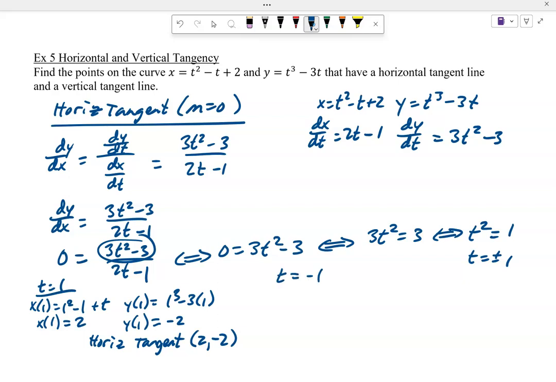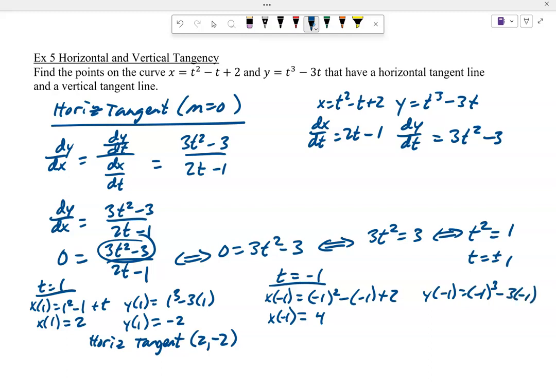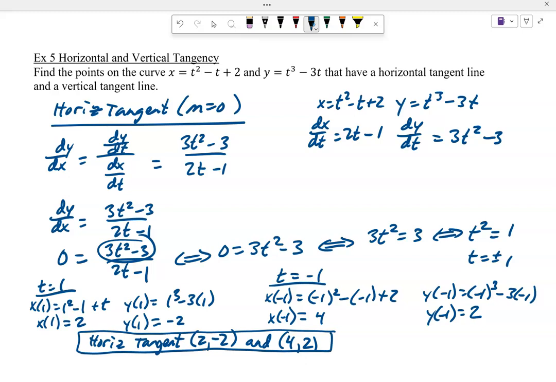We also have to account for t being negative 1. So x of negative 1 is negative 1 squared minus negative 1 plus 2, so that ends up being 4. y of negative 1 is negative 1 cubed minus 3 times negative 1. I get negative 1 plus 3, so I get 2. So I have a horizontal tangent at 4, 2 as well. So there's my 2 points where I have a horizontal tangent.